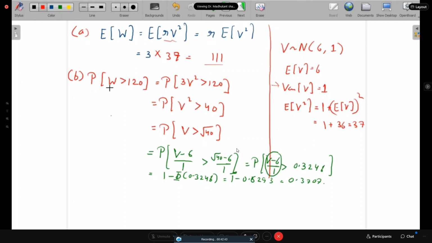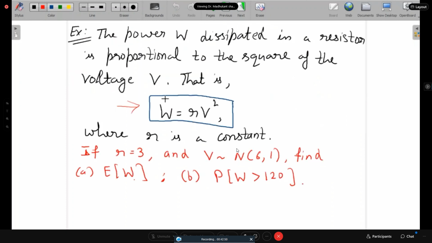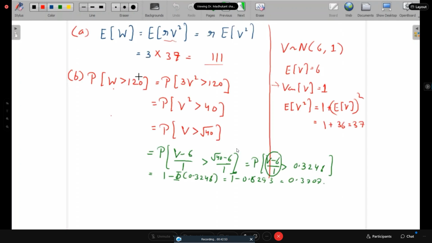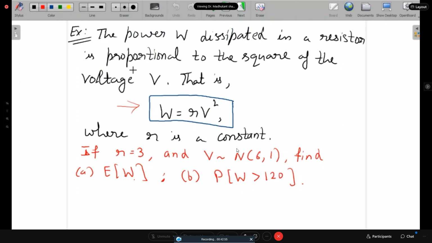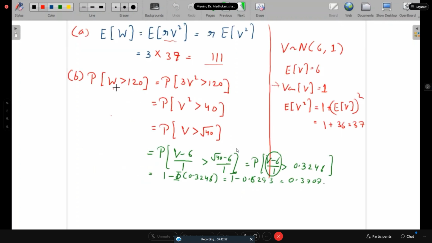Now, similarly, you can translate the information. See, V here is voltage, right? So V is a non-negative random variable. Now, the probability that W greater than 120 is nothing but the probability that 3V square greater than 120. The probability that V square greater than 40, so 3 will get cancelled with 120, right? Now, since V is a non-negative random variable, it's certainly the probability that V is greater than square root of 40.